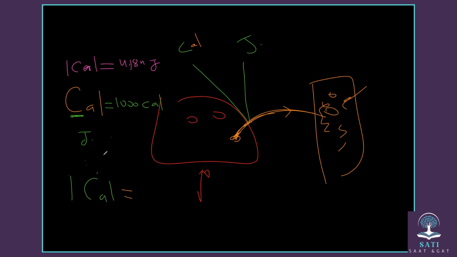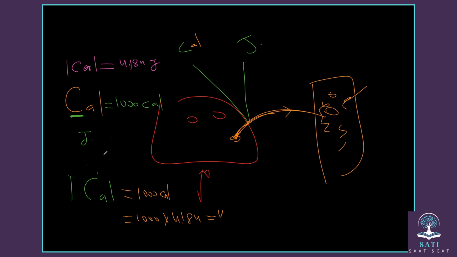Okay, if we are talking about 1 calorie, but here big C, capital C, 1 Calorie here. If you want to convert it into joules, what are you going to do in this case? We'll multiply it times 1,000 in order to change it to small calorie. So that means it is 1,000 small calorie. Good. This is the first step. Now we're going to multiply this 1,000 calorie times 4.18 in order to change it into joule.